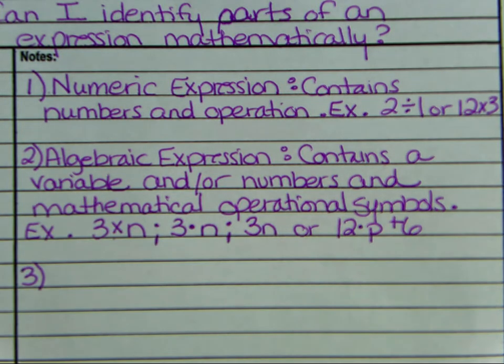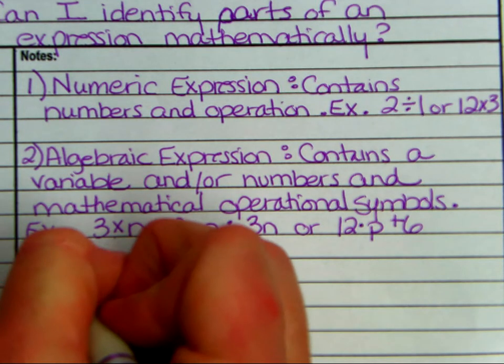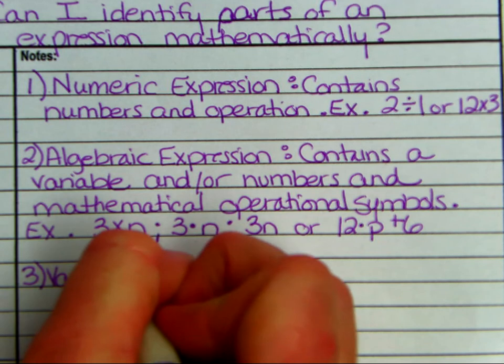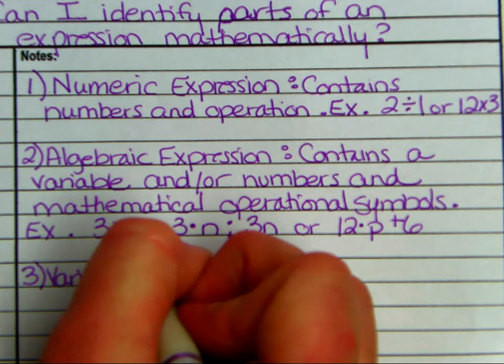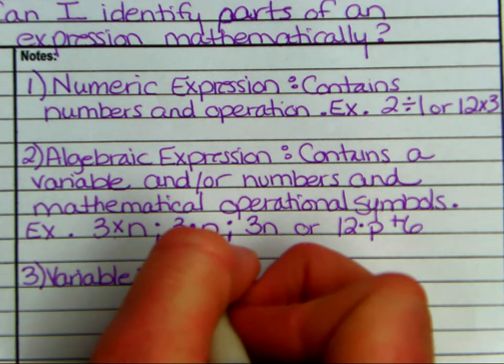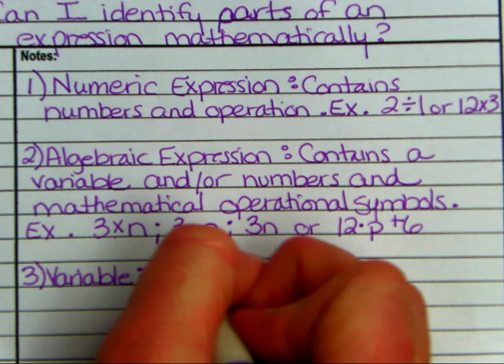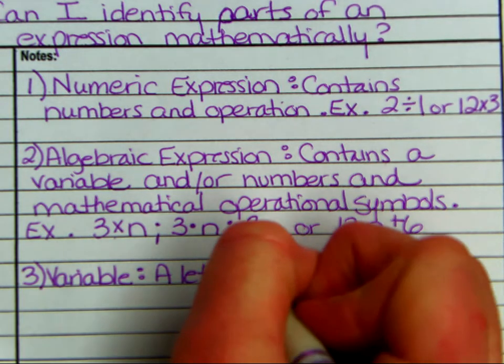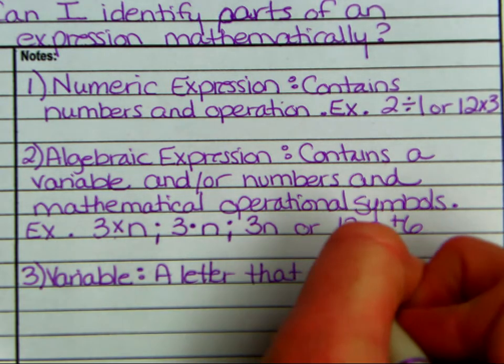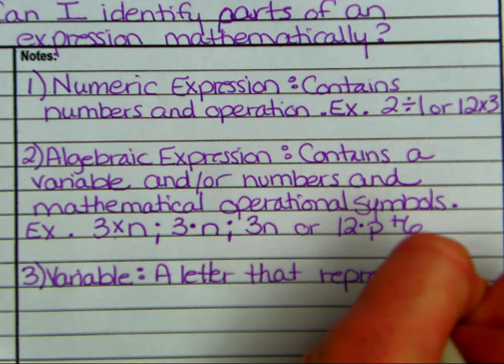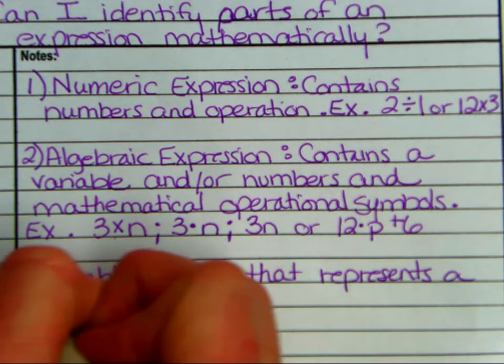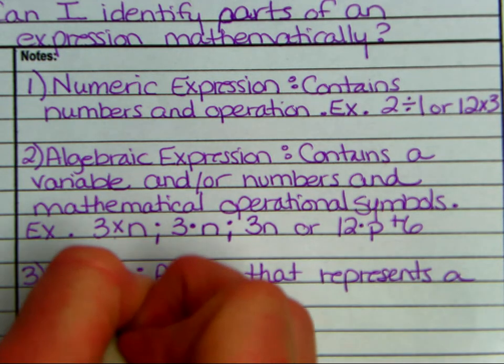So now that we've talked about, we have algebraic expressions and numeric expressions. We have variables. Now, a variable just is a letter that represents a number. Now, sometimes that number is unknown.